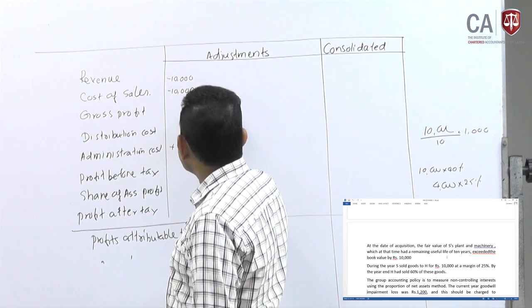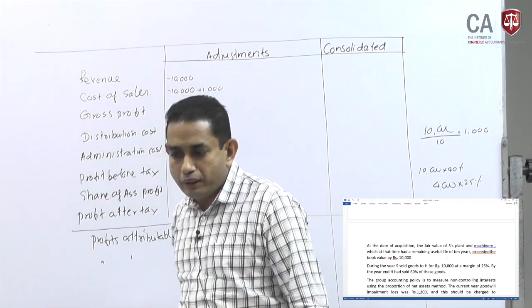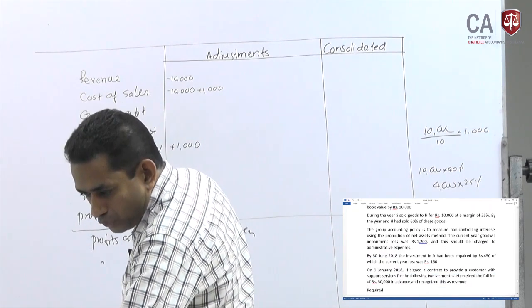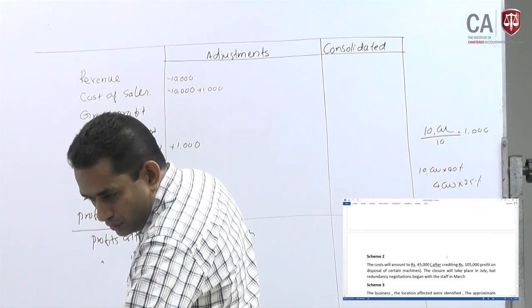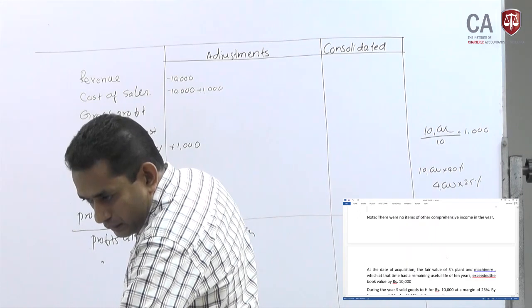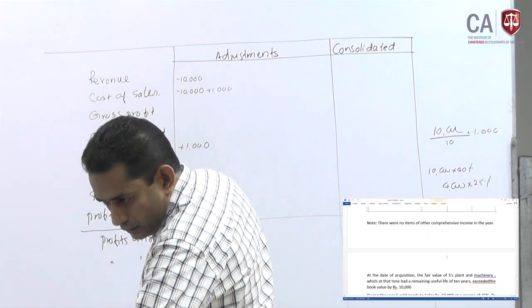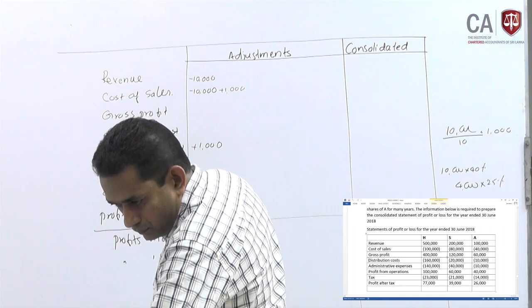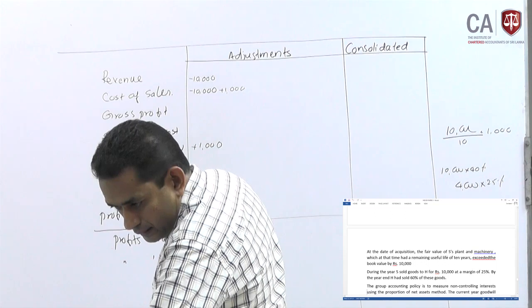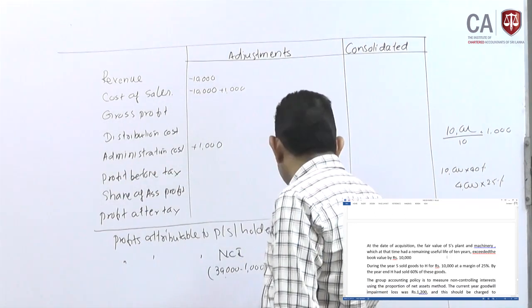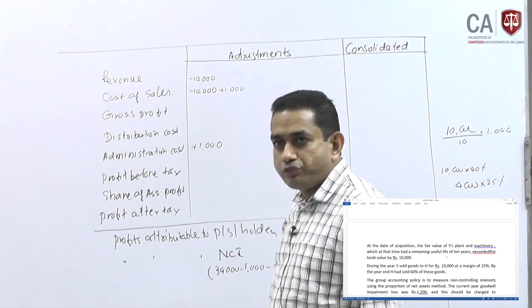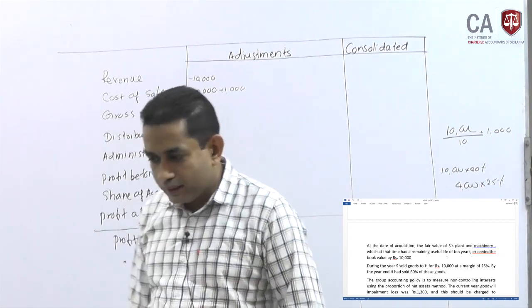We will add it to cost of sales, and the selling company has been company S, and let us deduct it from S limited profit after tax before you calculate NCI profit for the current year.